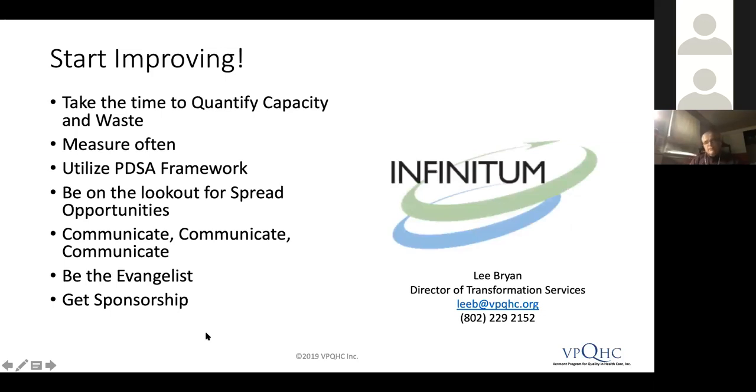So what I would recommend is start improving. Take the time to start off with to quantify that capacity and waste. And what I would suggest for your 35 issues, Brianna, as a start, is one day just make a list of them to figure out what they actually are, and start to have some kind of a thought process around, okay, how do I actually solve these?